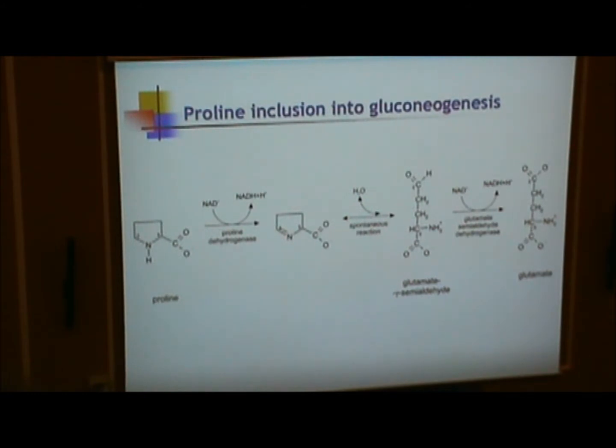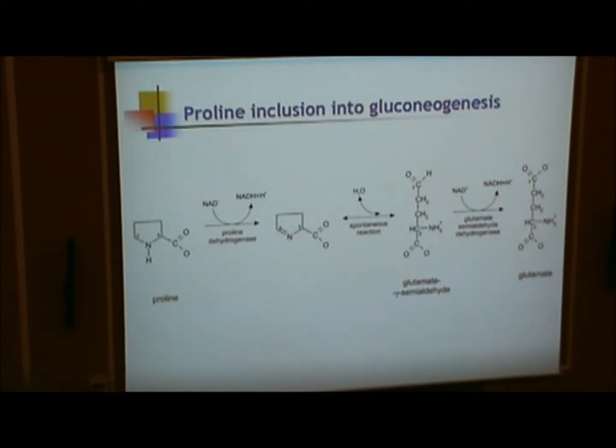Then, the glutamate gamma semialdehyde is submitted to glutamate semialdehyde dehydrogenase with participation of NAD+, which converts into NADH plus H+. Then, glutamate gamma semialdehyde is converted into glutamate. And you already know that glutamate is transaminated, it converts to alpha-ketoglutarate.